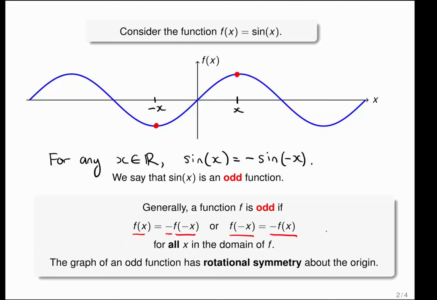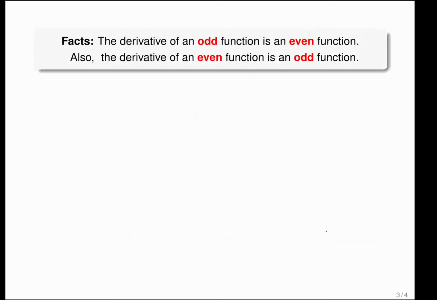However, we also know that if we differentiate the sine function, we get the cosine function. In other words, it turns out that the derivative of the odd function sine is the even function cosine. Amazingly, this is true more generally.